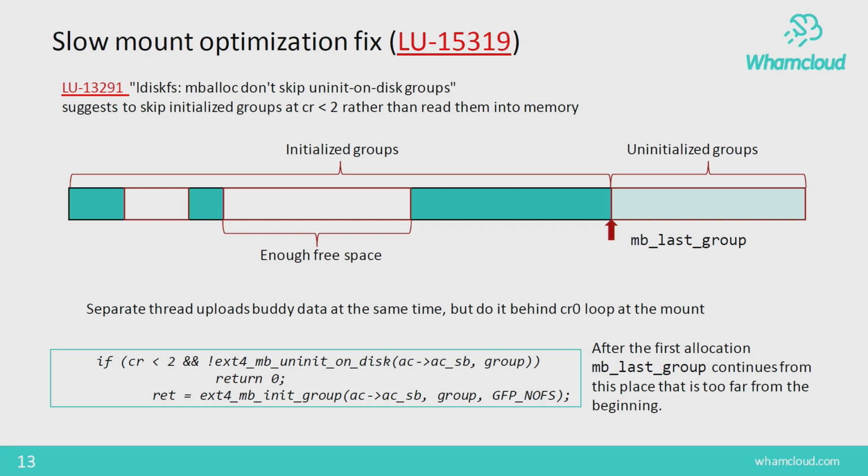And then we have essentially a background thread that runs after mount, and it goes ahead and prefetches all of the bitmaps from disk. So that doesn't delay the mount, but eventually we'll read the metadata into memory so that it can be used for allocations afterwards.